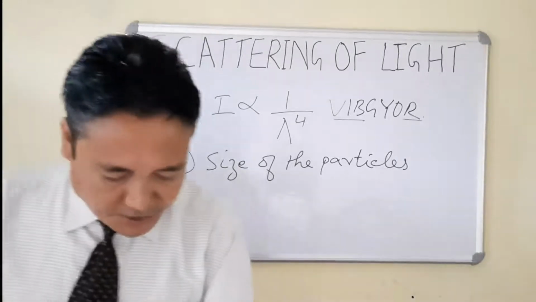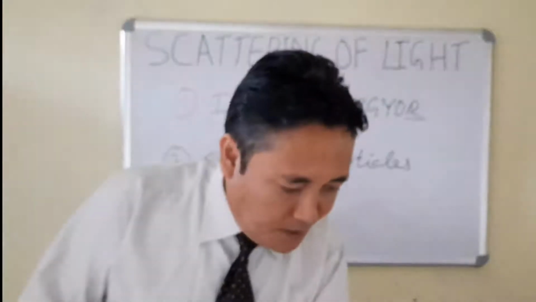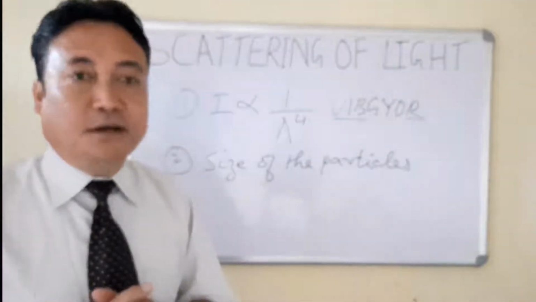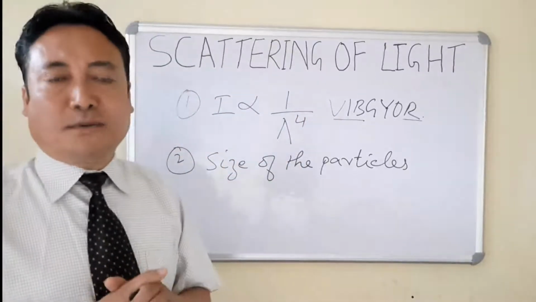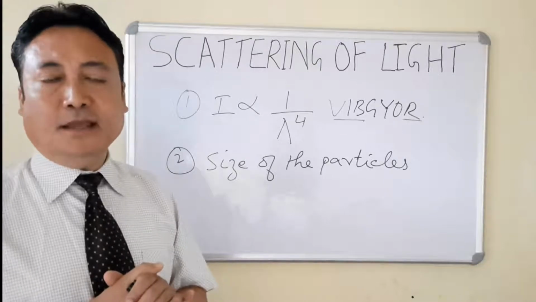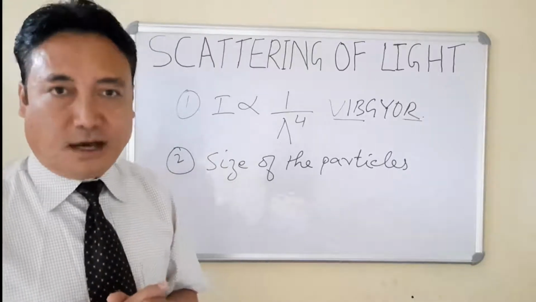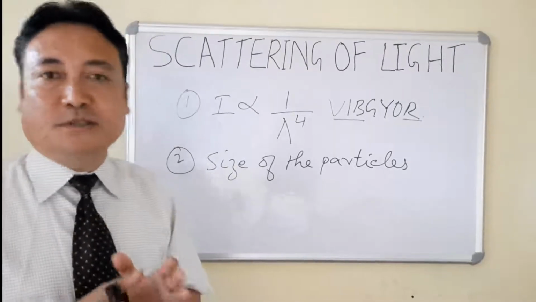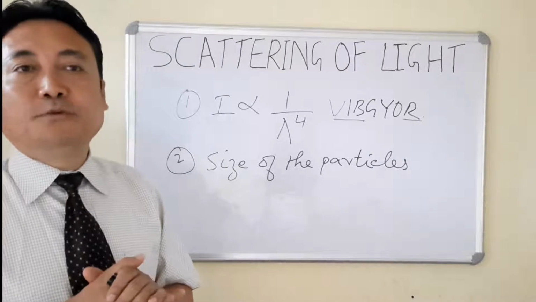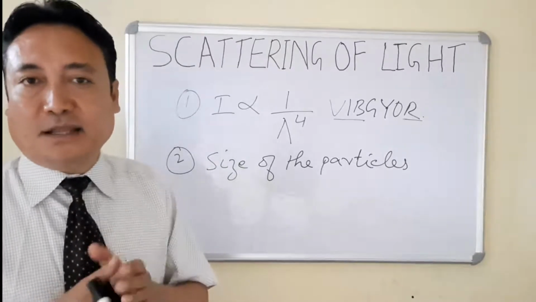Now the second condition is here. The sky would have looked dark if the earth had no atmosphere. That means if the earth had no atmosphere or no air, the sky would become dark. Because of the presence of the atmosphere, the particles are there.